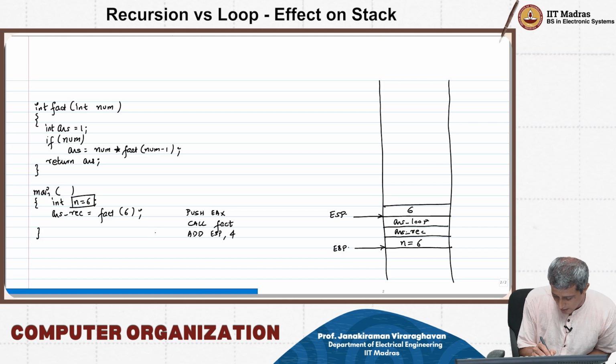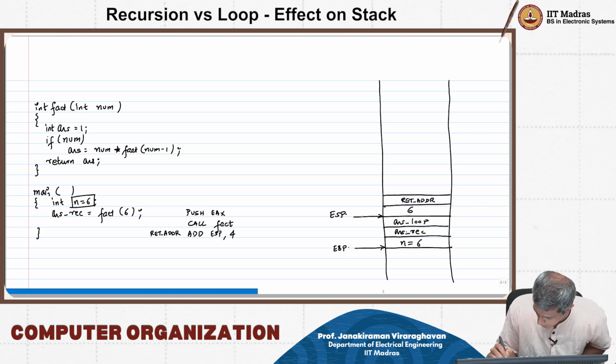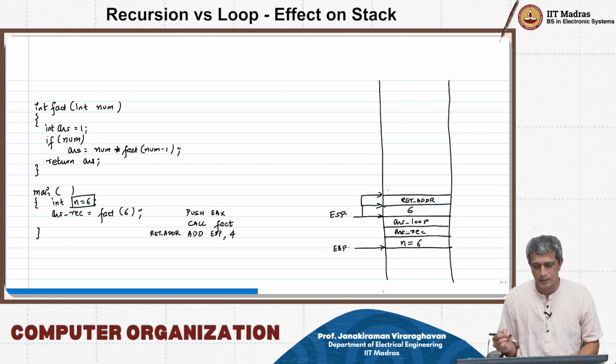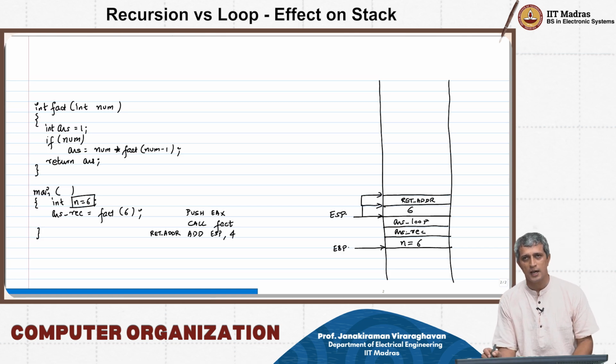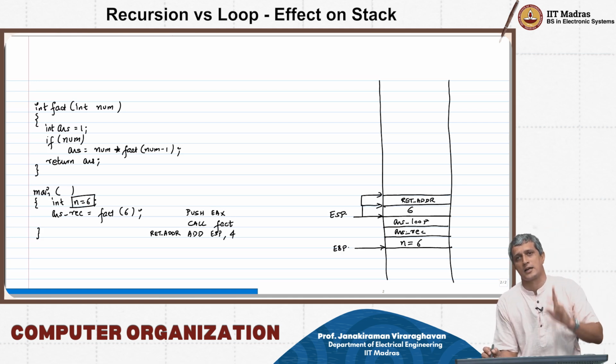So this return address is what will get pushed onto stack. Okay, and this is first pushing, then when the call happens, you will have the return address being pushed onto stack, right, and then you will go into that function fact.